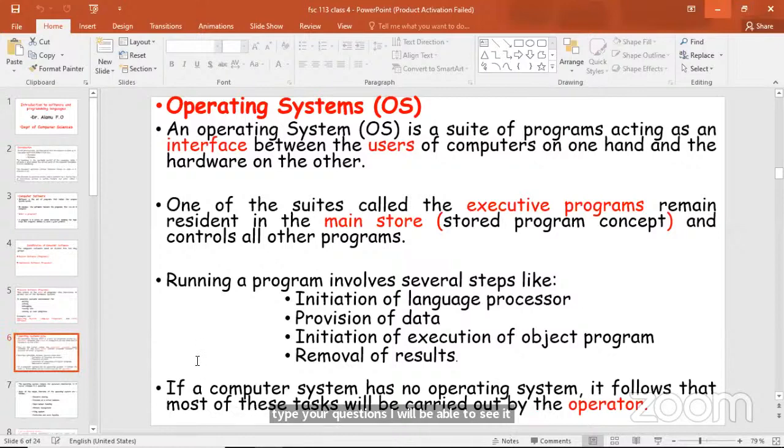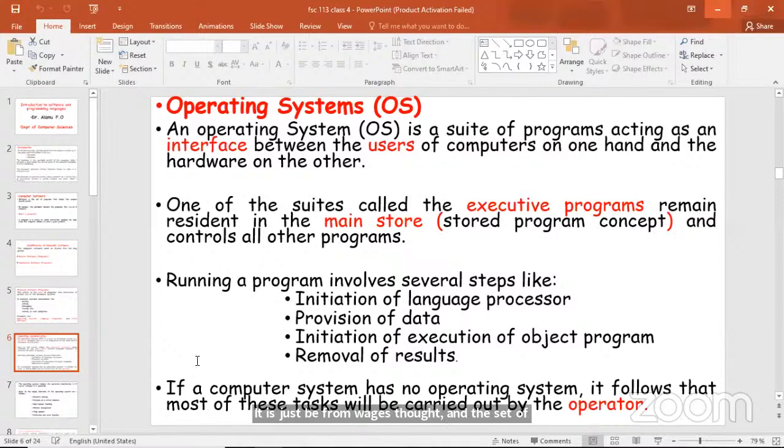Now, one of the suites, called the executive programs, remains resident in the main store. I'm sure you would have been taught what is called the stored program concept, right? The stored program concept is the ability of the computer system to put some programs in itself so that whenever it is needed, it is just picked from where it is stored and the set of instructions there are executed.